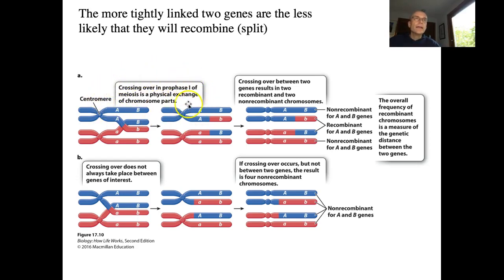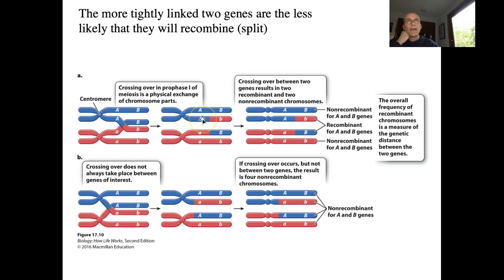So in meiosis, we have the physical exchange of chromosome parts. In other words, crossing over happens during prophase 1. The way it's drawn here is that the crossing over happens physically in between gene A and gene B. If that happens, then this chromosome is now a recombined chromosome.